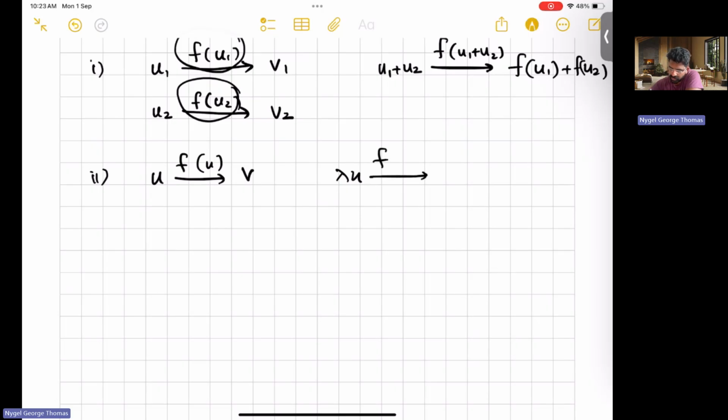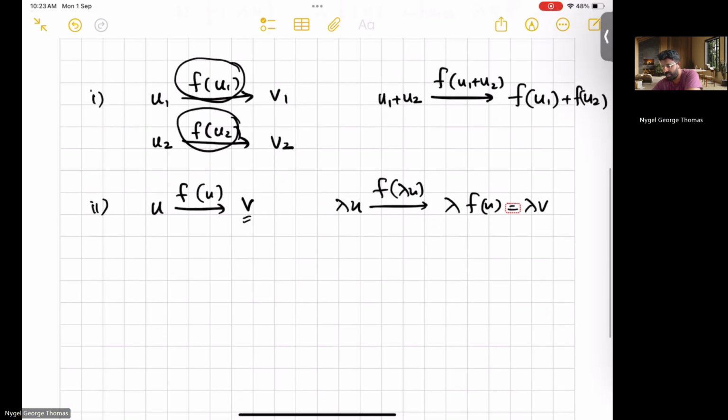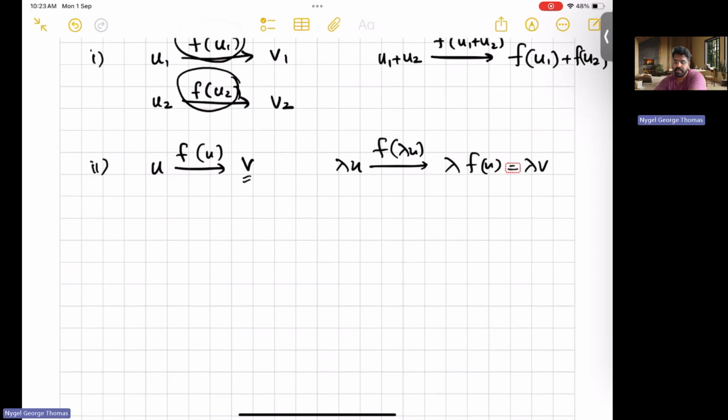If you know V as f of U, then to find f of lambda U, you basically have to scale f of U. This is equal to lambda times V. Such transformations are called linear transforms.